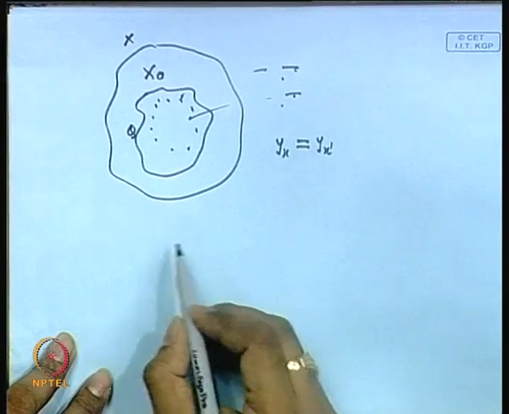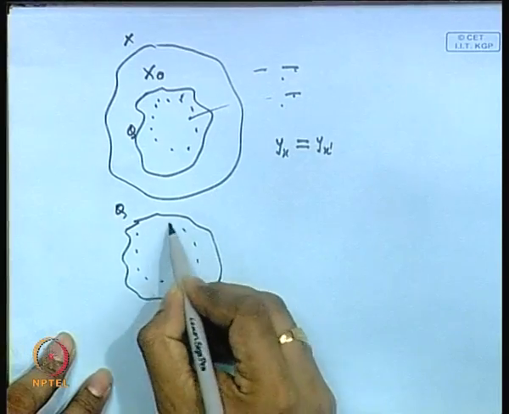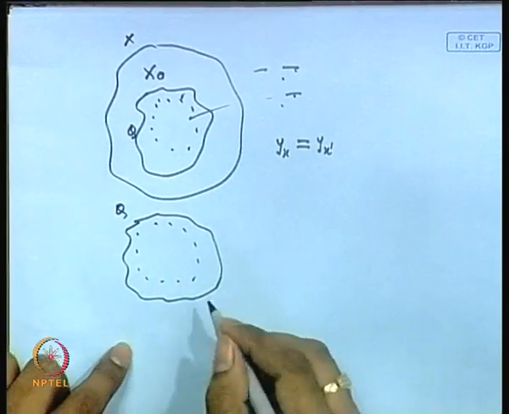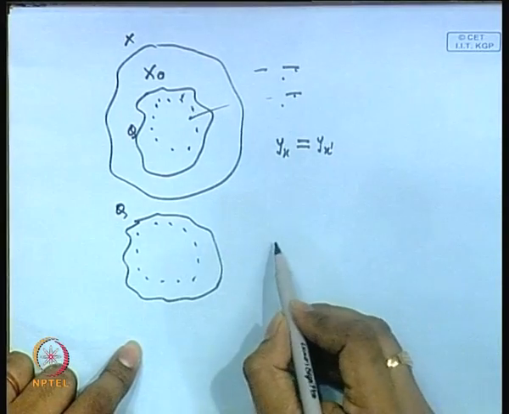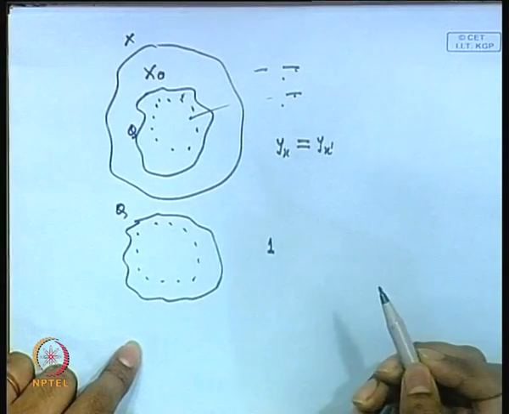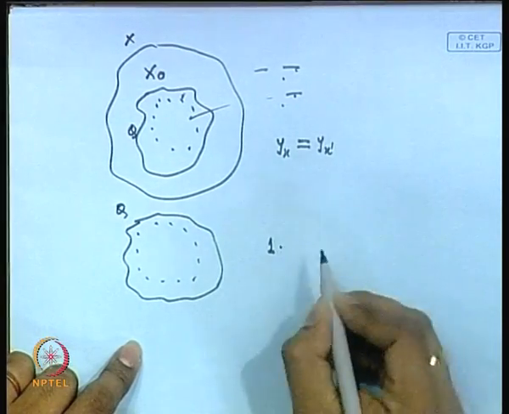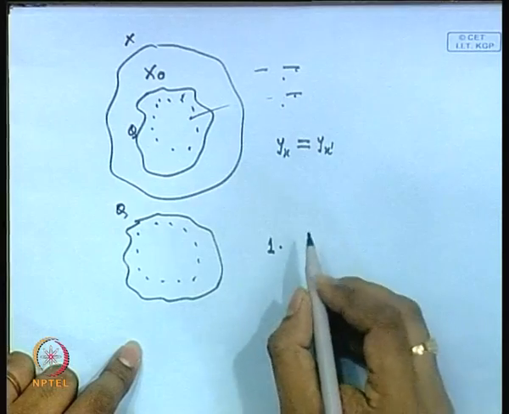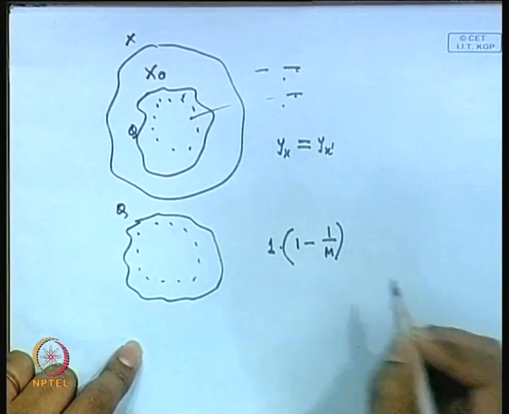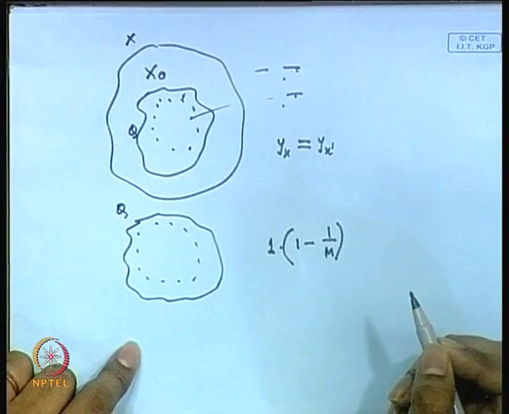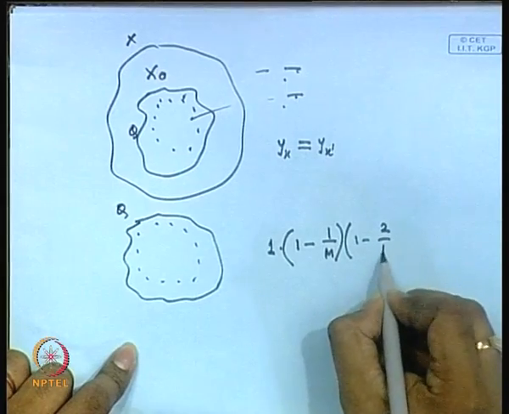Suppose you have got q values, and you are trying to ensure none of them are equal. The first you can choose in any way, so the probability is 1, and because of the independence theorem I can multiply. The next element's probability will be 1 minus 1 by m, because this has to be distinct from the previous one. What about the next one? It will be 1 minus 2 by m.